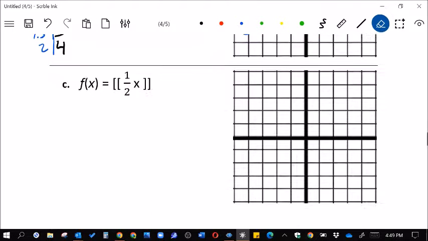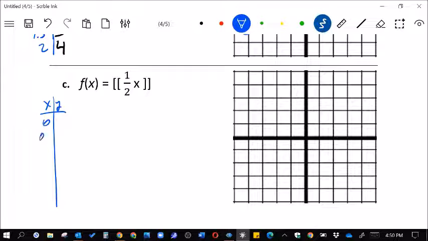Here's another one where now instead of adding and subtracting, we're going to have a multiplier, and the multiplier is only 0.5 or a half. Well, let's do this same thing. 0, 0.5, 0.8, 1, 1.4, 1.5, and 2.